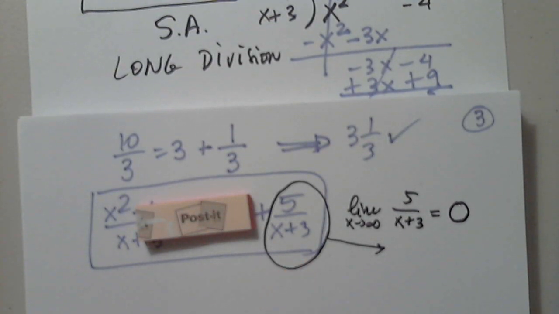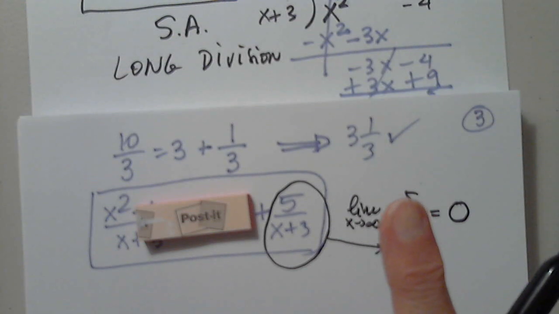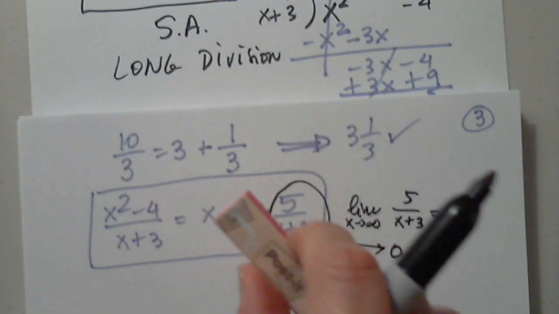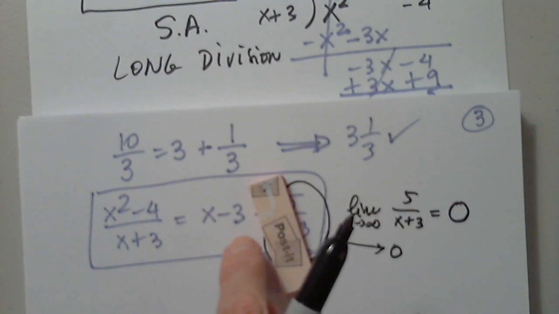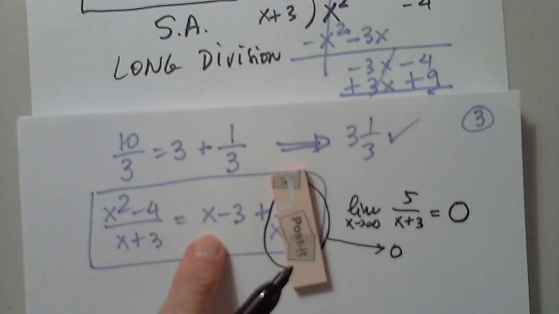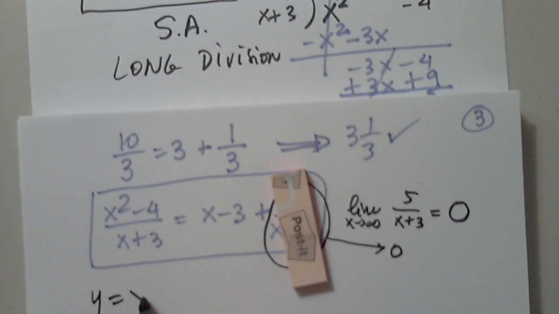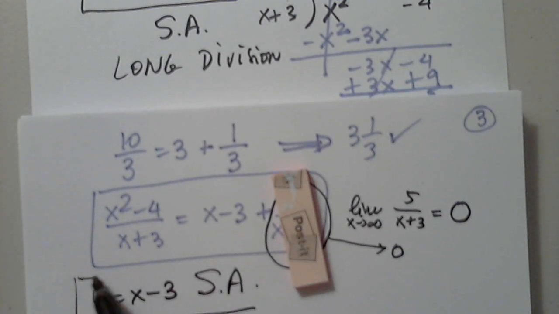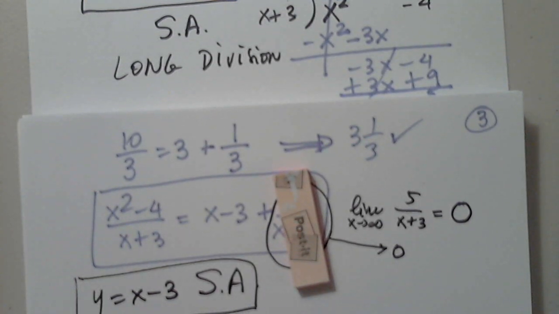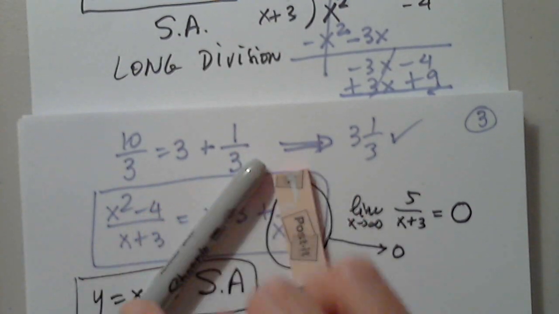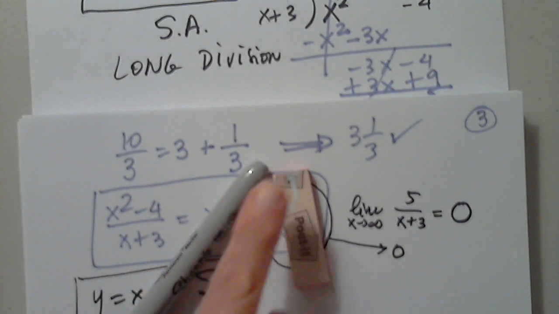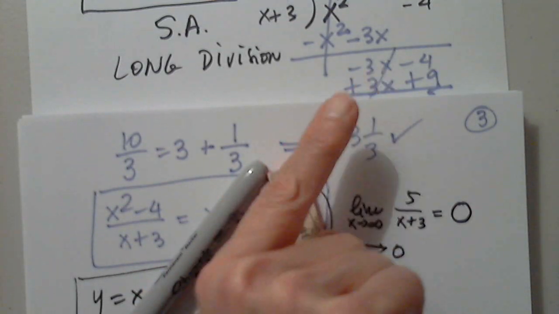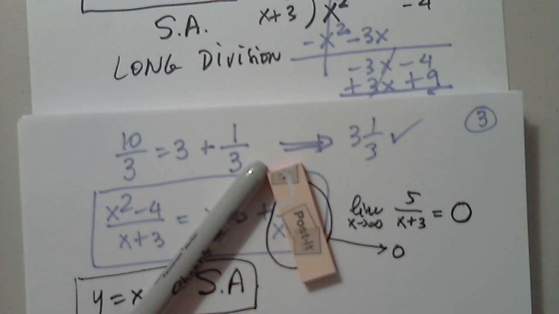That's the reason why this does not matter when we find the slant asymptote. This is it. Y equals x minus 3 is the slant asymptote. And it's a line with a positive leading coefficient, which means that the function will go to positive infinity here and to negative infinity here.